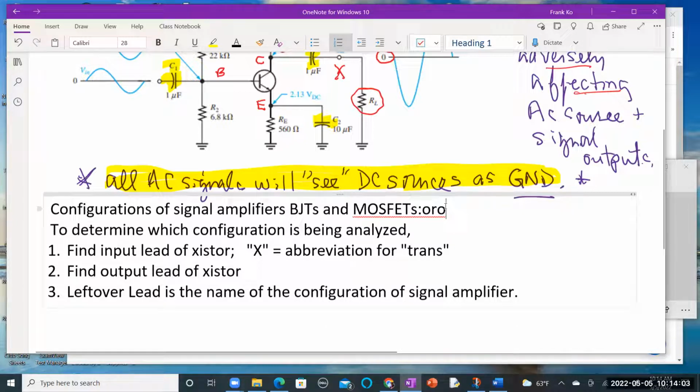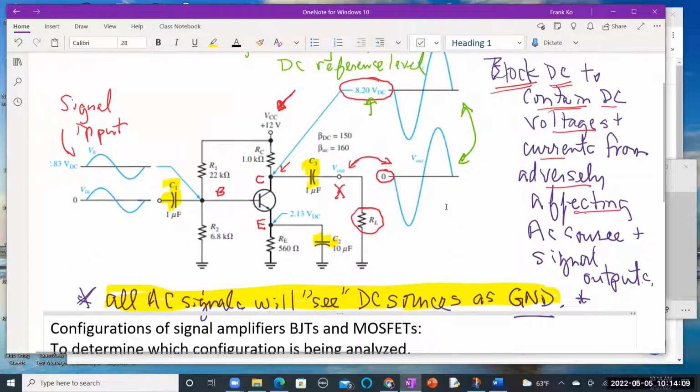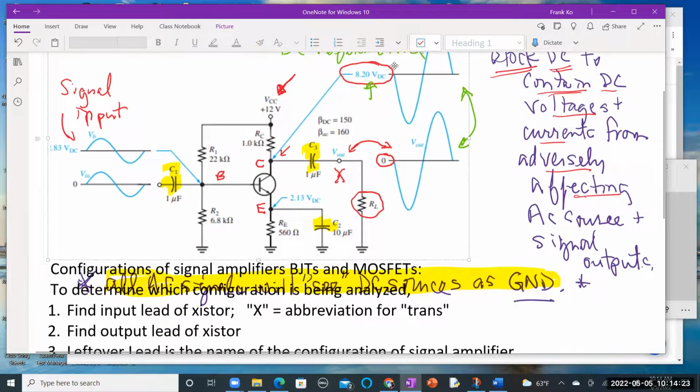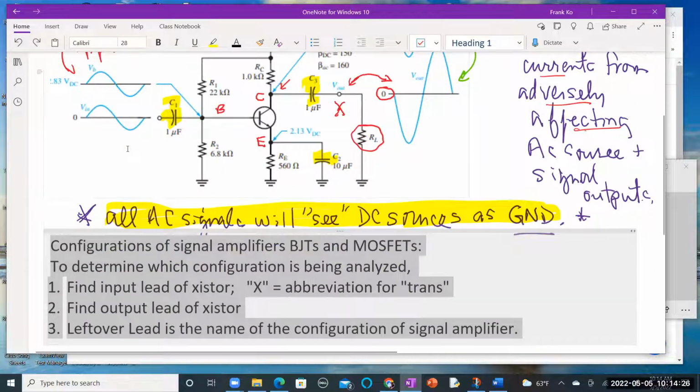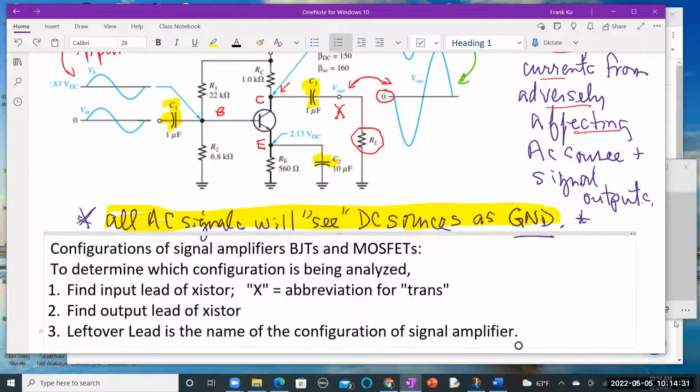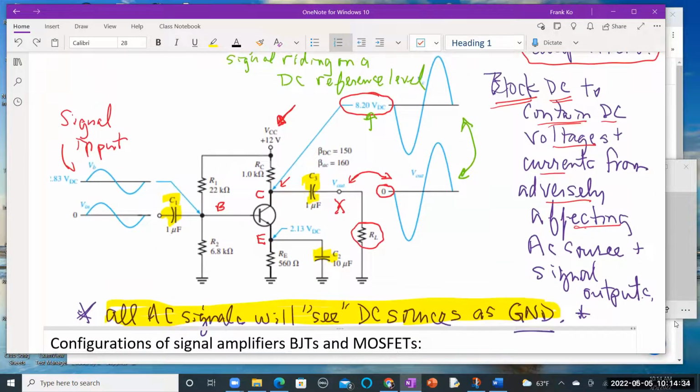If you take a look at this picture that I'm showing, can you determine, of the three leads, base, collector, emitter, which is the input lead? Because that's the first thing that you need to do in step number one. Let me do an undo. I just messed things up. As we look at this picture, which is the input lead? Call out the lead.